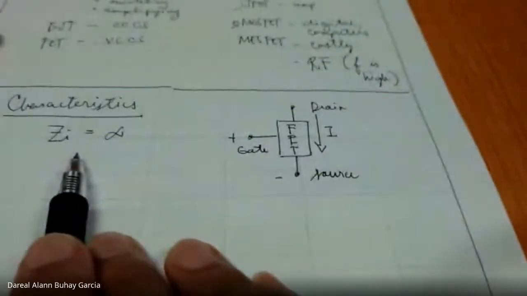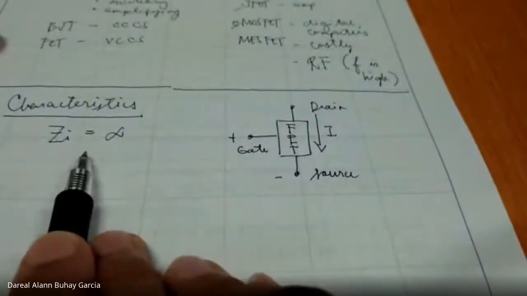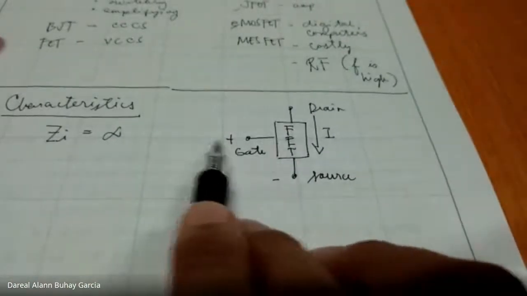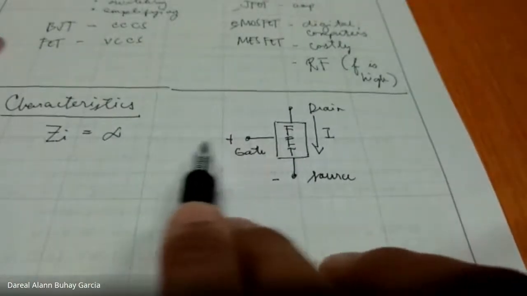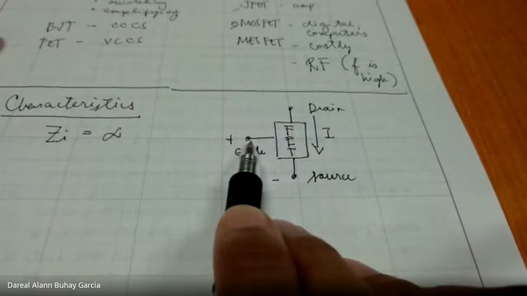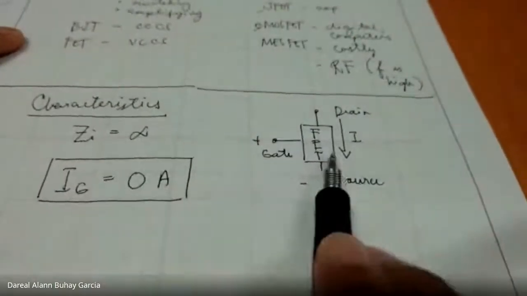Another characteristic of our FET: because of its high input impedance at the gate, the gate current IG will always be equal to 0 amperes. So let's memorize that: IG is equal to 0, because of the high input impedance of our device.